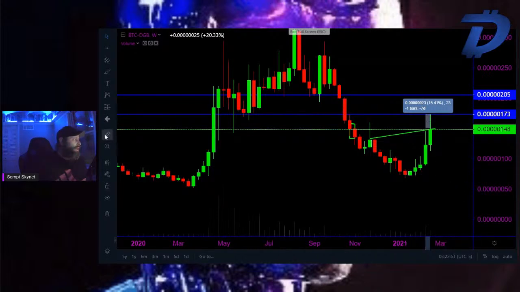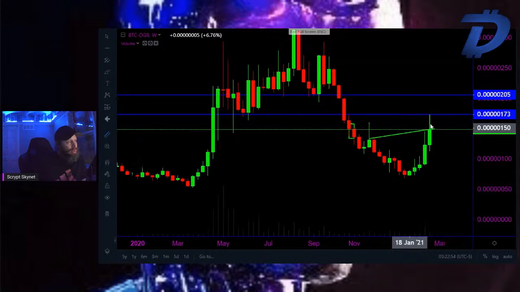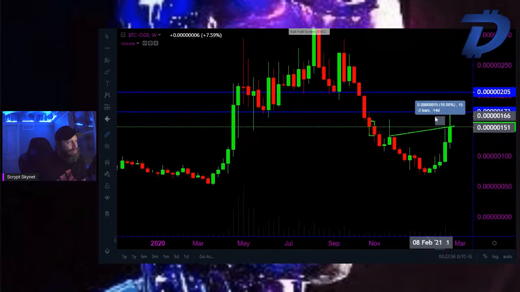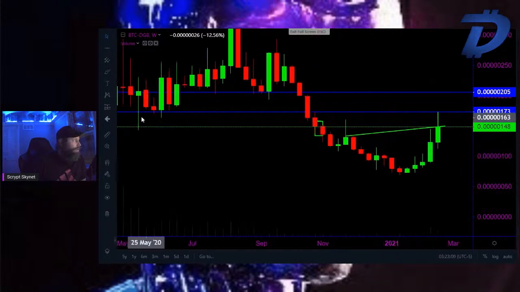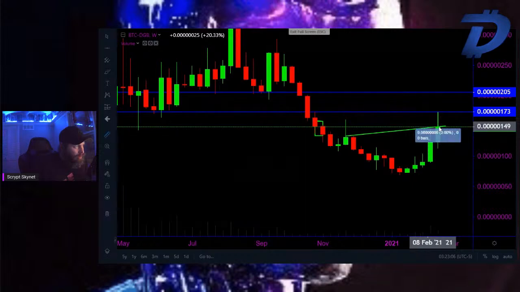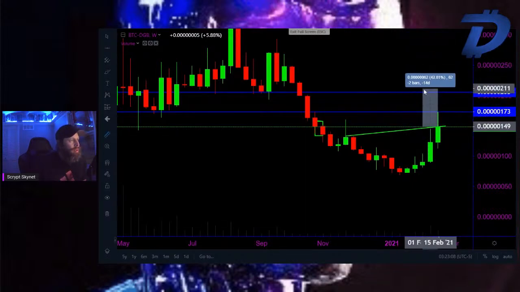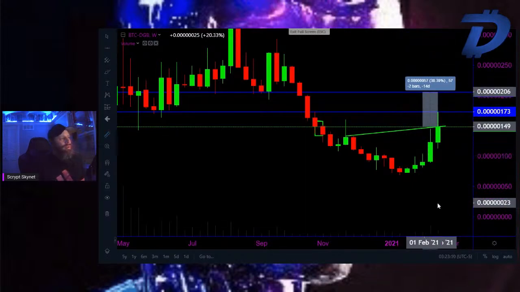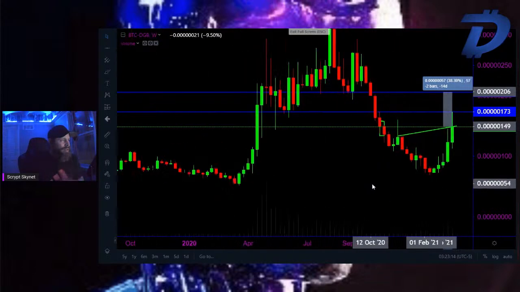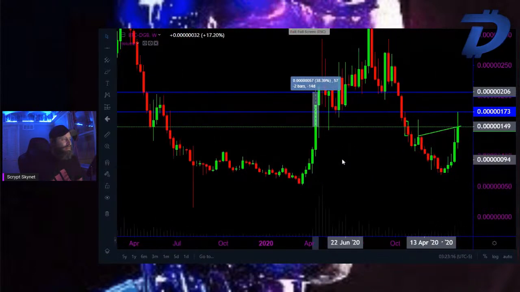If we go higher, that's probably not accurate. Hold up. Right out on this trend line right there, that's 38% before we get heavy resistance.